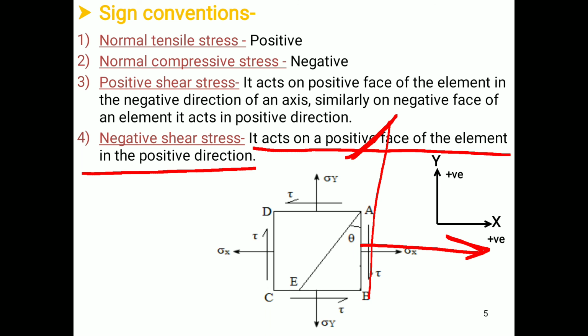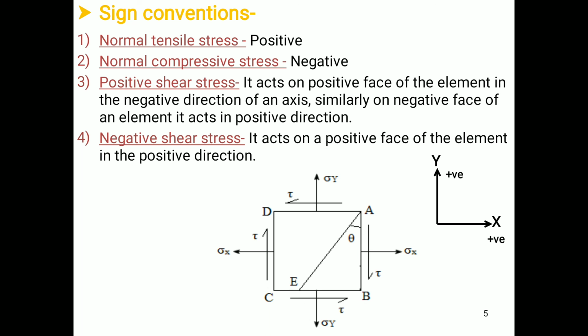Positive direction and positive face will be the negative shear stress. Positive direction and negative face will be the positive shear stress. So this is all about the sign convention which we have followed in unit number 5.